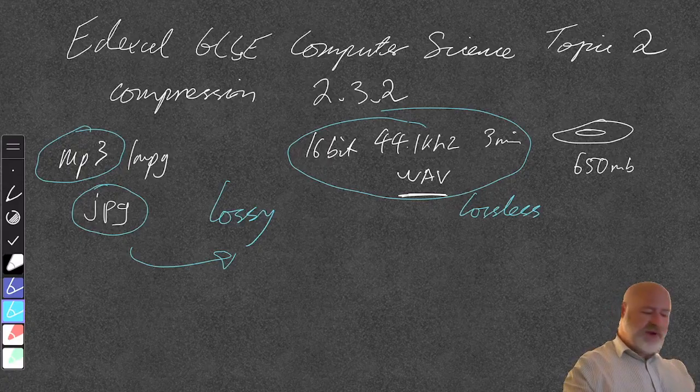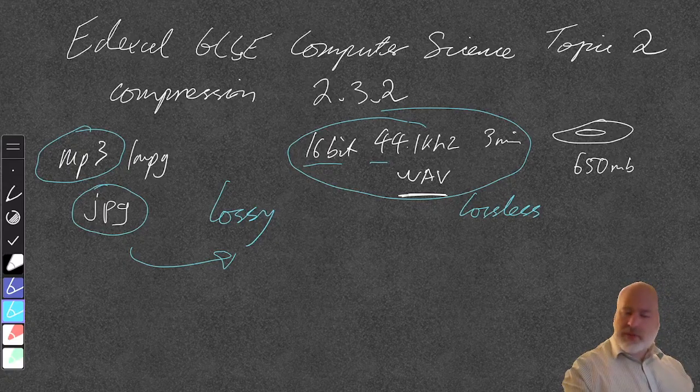Now, an MP3 file might be 10 times smaller than a WAV file. It might still be 16-bit, but there's going to be a lot of information that's been chopped away from that sample. It's not going to be as high fidelity as a WAV file.